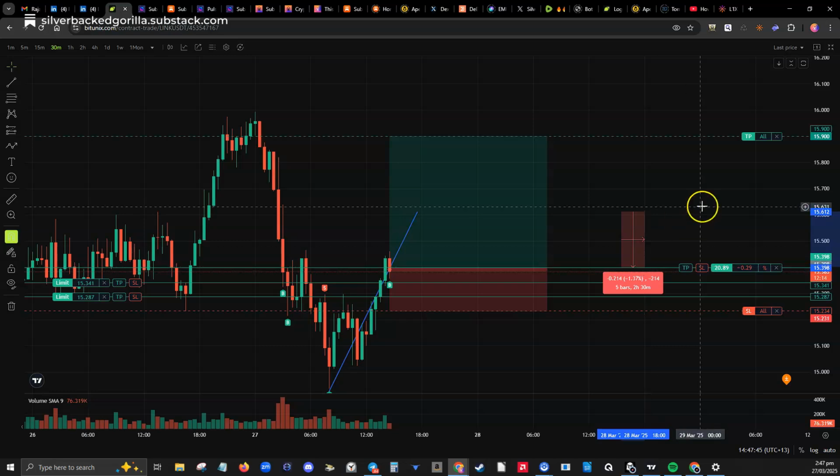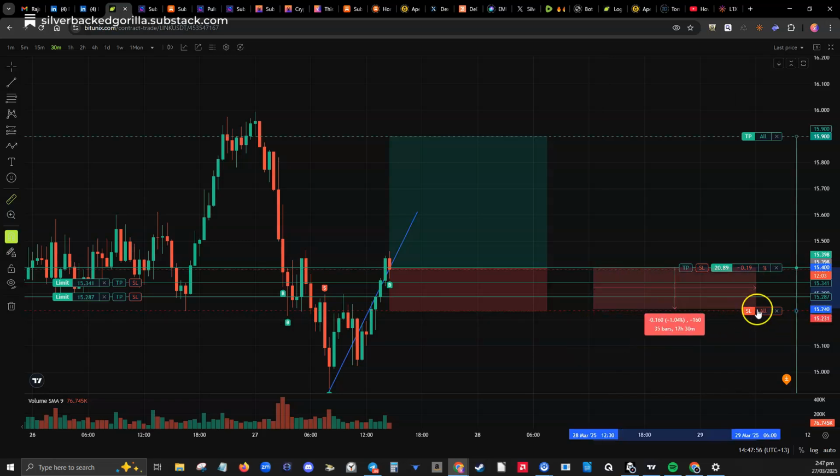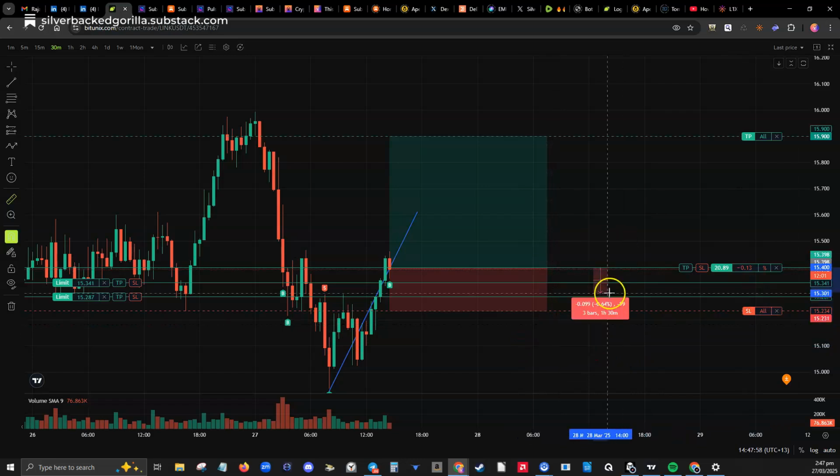If you go 1.37 from there back, that would be there. So you could have your static stop loss and also a trailing stop loss at 1.37.